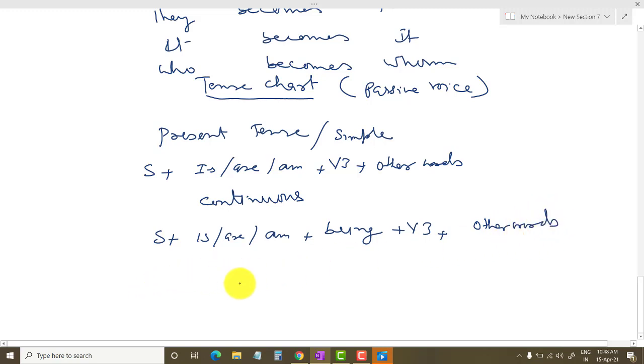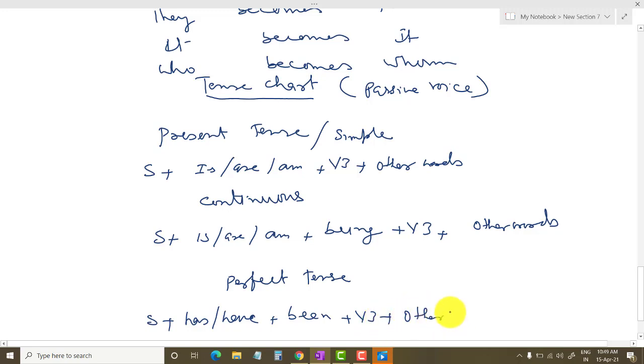And in perfect tense, subject plus has, have plus been plus V3 plus other words.